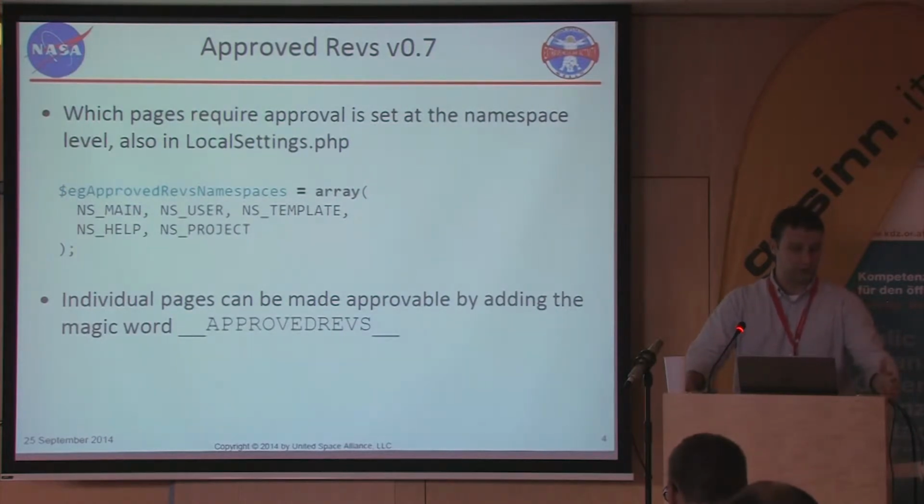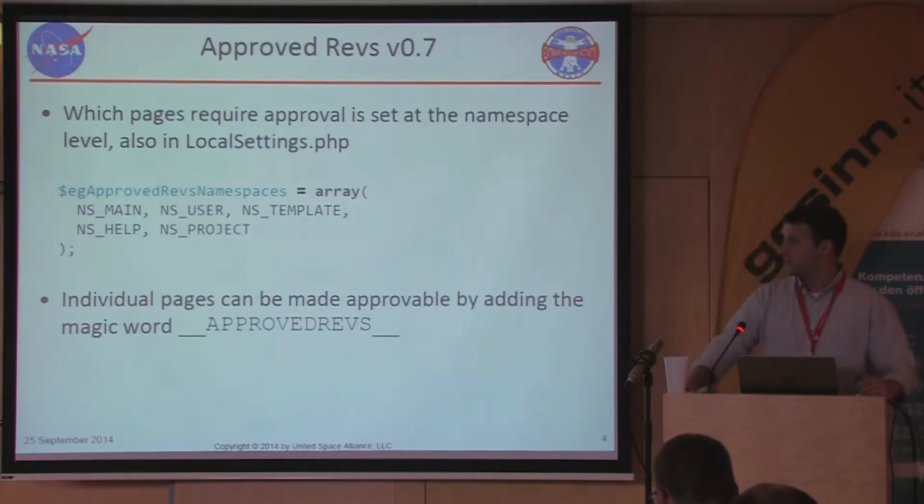What is approvable is defined also in your local settings. By default, we have these namespaces here: your main namespace, where all of your content resides, user namespace, templates, help namespace, and project namespace. So all of those entire namespaces are approvable, and the specific groups can approve anything there.